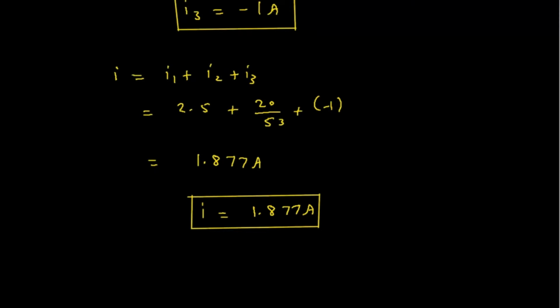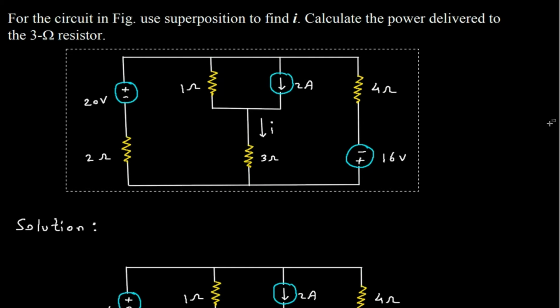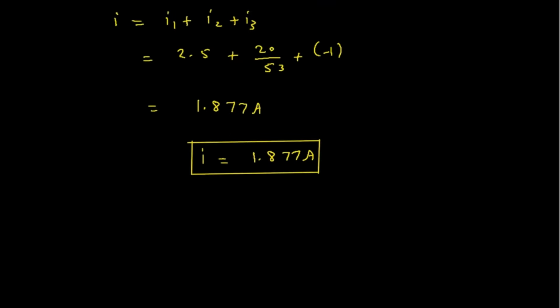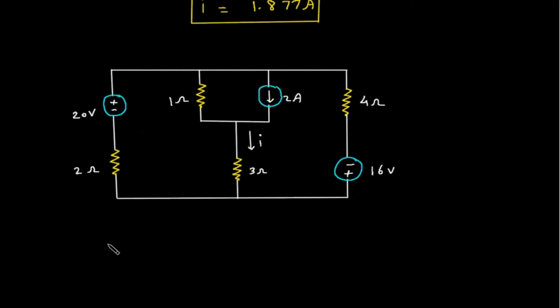Then what we have to find next? Use superposition to find I and power delivered to the 3 ohm resistor. We have to find the power delivered to this 3 ohm resistor. So power is equal to I square into R. R is 3 ohm.